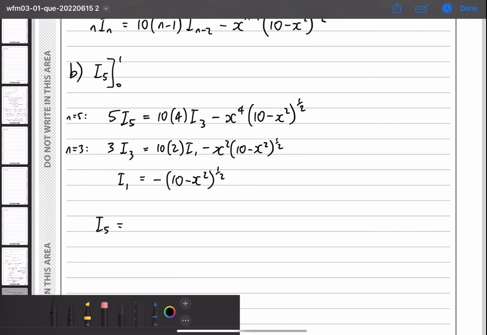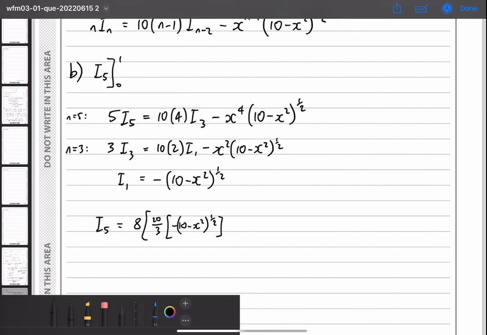is equal to, if I divide everything there by 5, we get 8 I3, but we know what I3 is. If I divide I3 by 3, that gives us 20 over 3 lots of I1, but we know what I1 is. I1 gives us minus 10 minus x squared to the half.